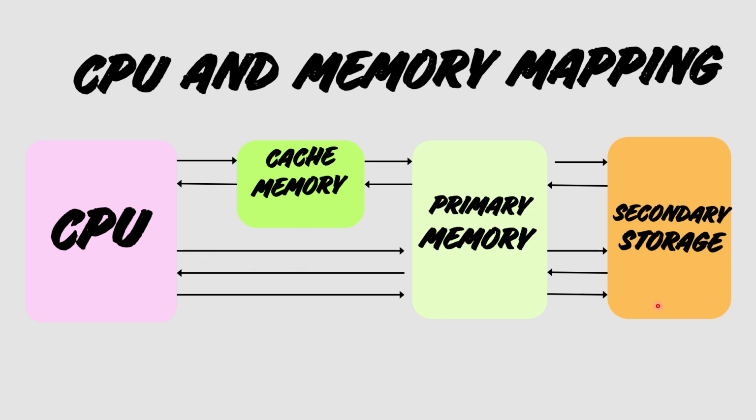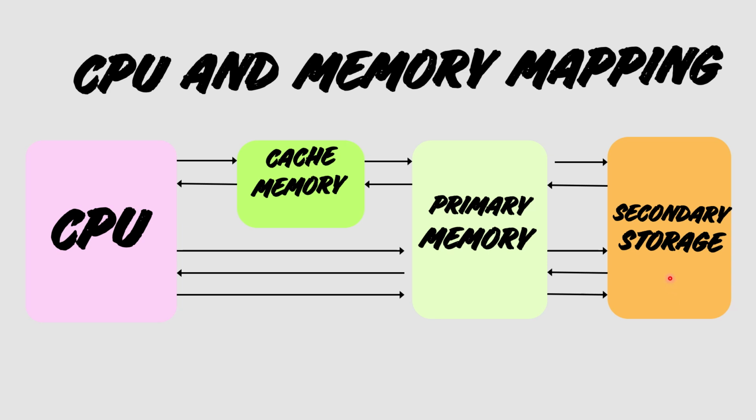Similarly, in the secondary storage, we have data which are permanently stored. But the CPU cannot access the secondary storage directly. If it wants to take data from the secondary storage, it will send a command through the operating system to the secondary storage.